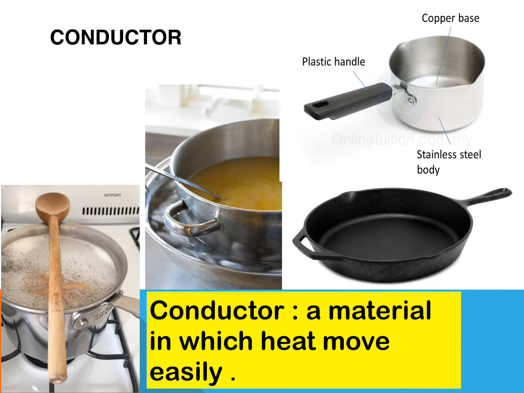Those materials are examples of conductors. So once again, what is a conductor? A conductor is a material through which heat moves quickly and easily. Can you give me 3 examples of conductors around you? Yes. Any kind of pot around you is made of iron or aluminum or copper.